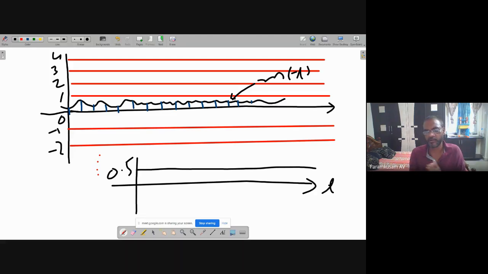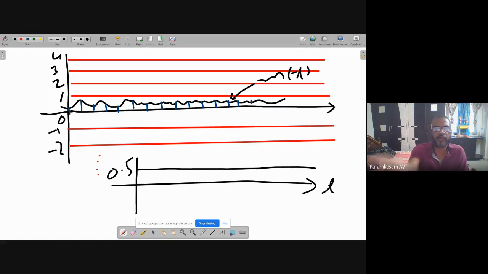This is very important. There are two disadvantages of uniform quantization. What is the first point? The signal to noise ratio is not fixed for the entire range of the signal. Why? Because the signal power varies according to the amplitude of the signal, but noise power does not vary.